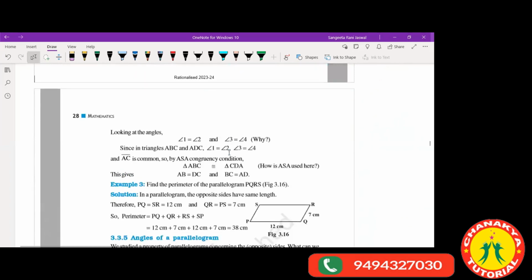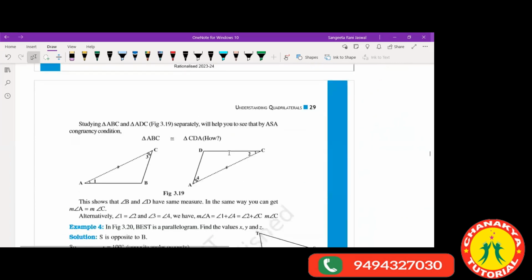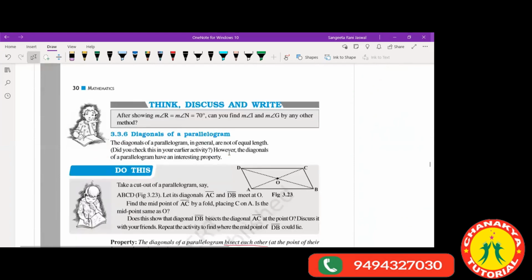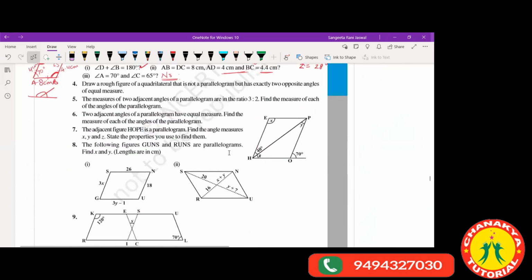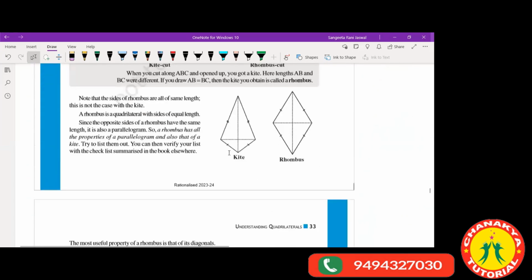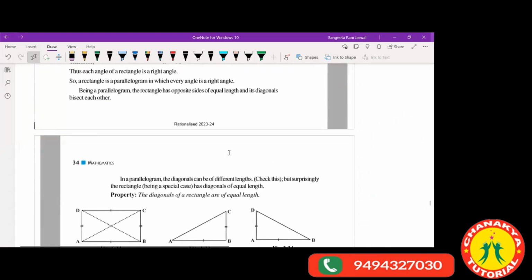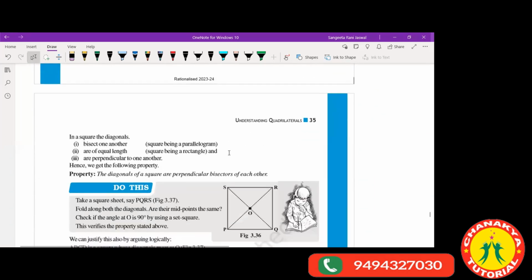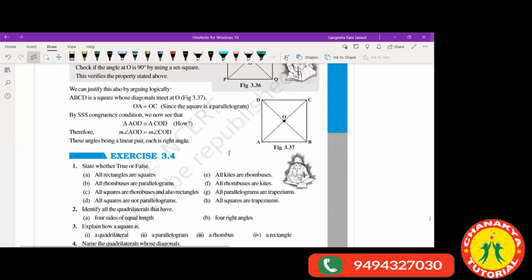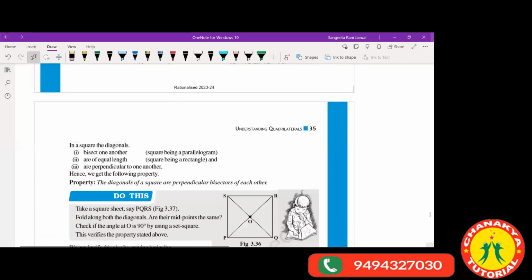So I'll explain how we did it. It is a lengthy calculation. I just gave it, but then I thought maybe you would be able to do it or not. Chalo, let's see.